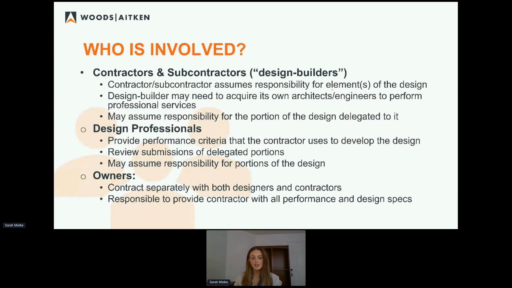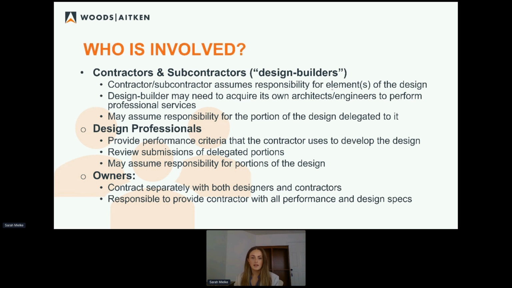The design professional, in that regard, may actually still hold on to some responsibility for elements of design, even if they're delegated. As I mentioned, the owner contracts separately with both the designer and the contractor. And then the owner, which I'm pretty sure was discussed in different contract presentations, the whole Spearin doctrine issue, the owner is technically responsible to provide the contractor with all performance and design specifications that are reliable.